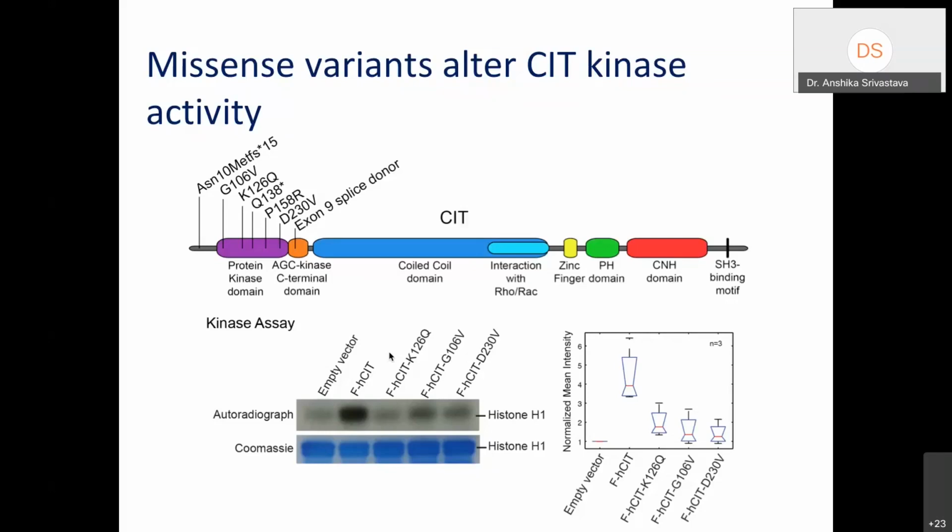You can see over here the kinase activity of the missense variants was similar to the empty vector, whereas it was not affected in the case of full length citron kinase. This is the normalized activity, mean density, where you have empty vector, full length, and the missense variants.